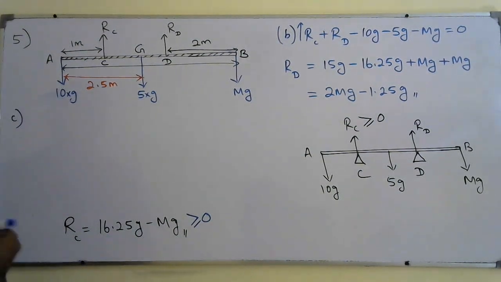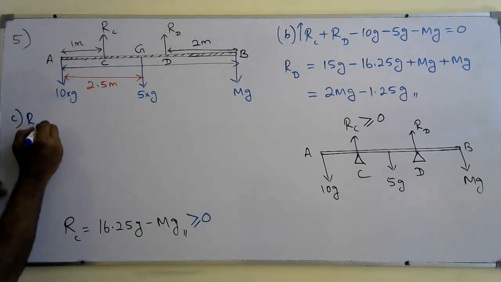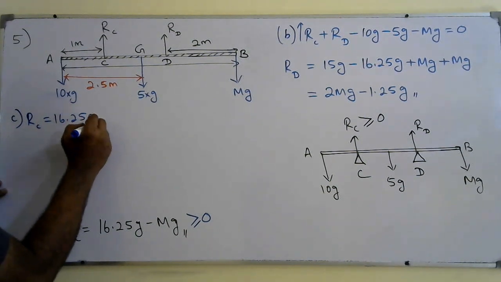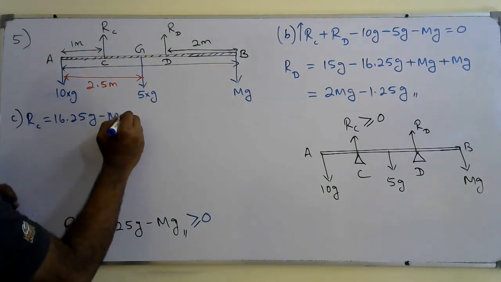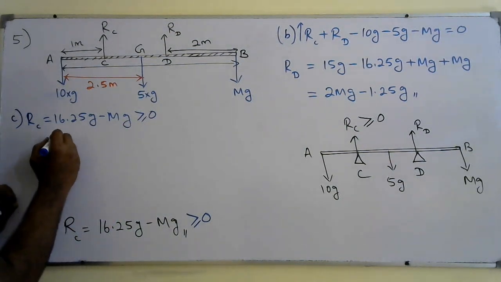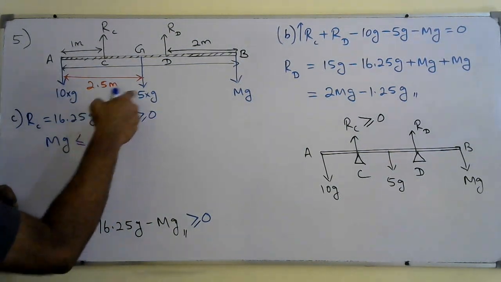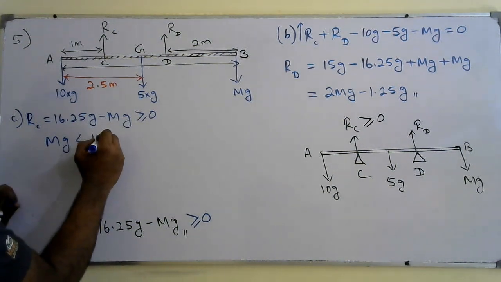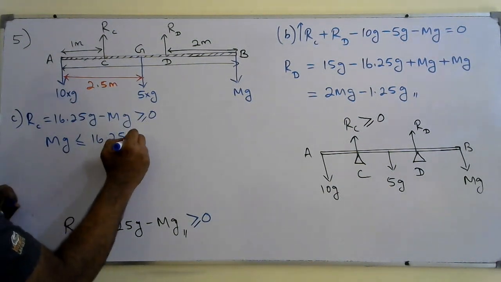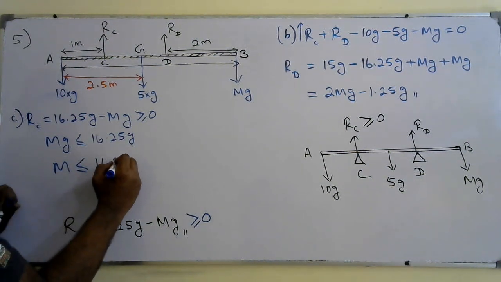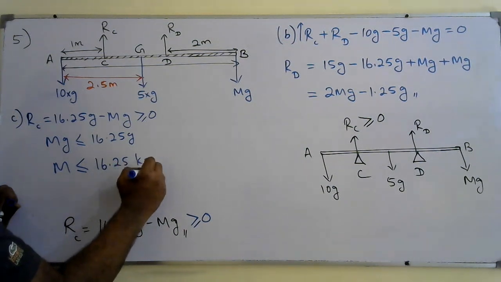So in that situation, RC equals 16.25G minus mg, which must be greater than or equal to 0. Taking mg to the right side, it becomes positive: mg less than or equal to 16.25G, that means M should be less than or equal to 16.25 kilograms.